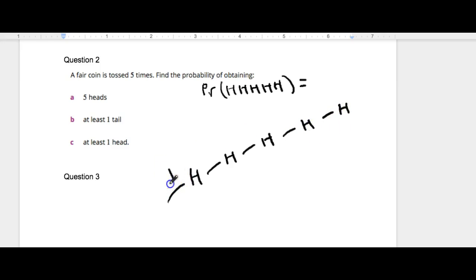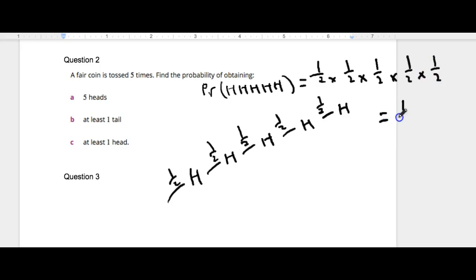Remember, when we have a tree diagram, we have the probabilities on the branches, and when we want to know all of the possibilities, we multiply along our branches. That is the same as a half to the power of 5, and that gives you 1 over 32.